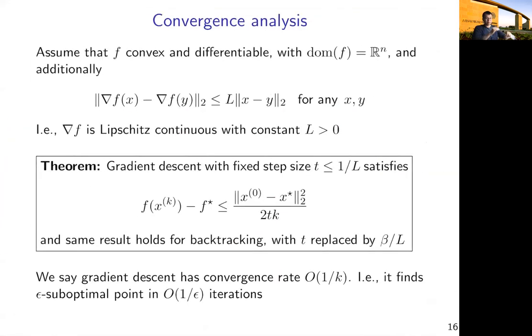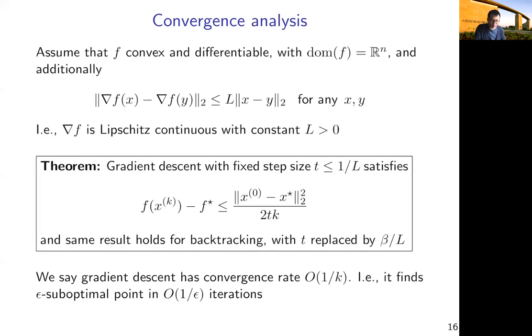Okay, so here's the convergence bound, or the computational guarantee, for the gradient descent algorithm. Let's first make some additional assumptions about this function f. Previously we've talked about f being convex and differentiable.